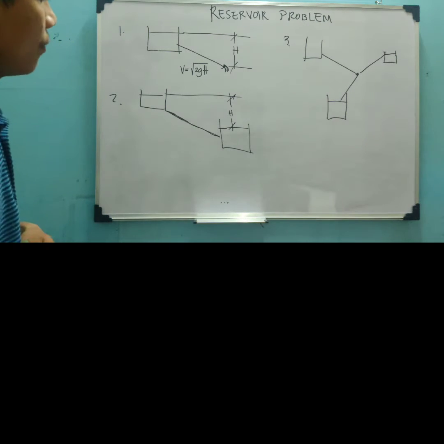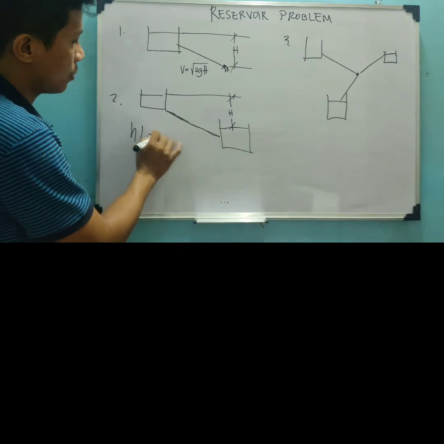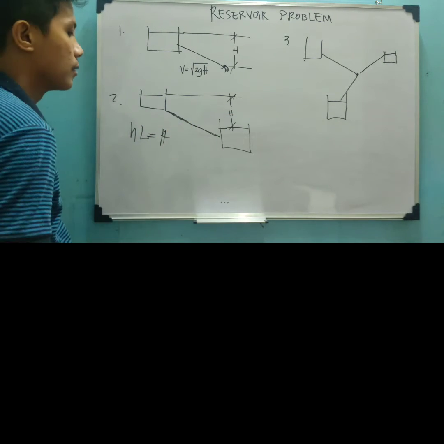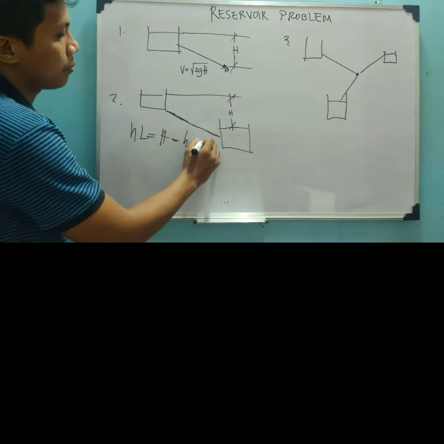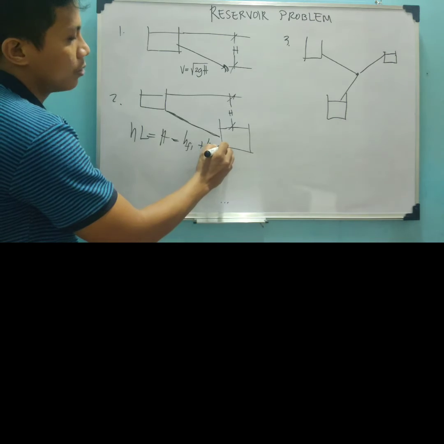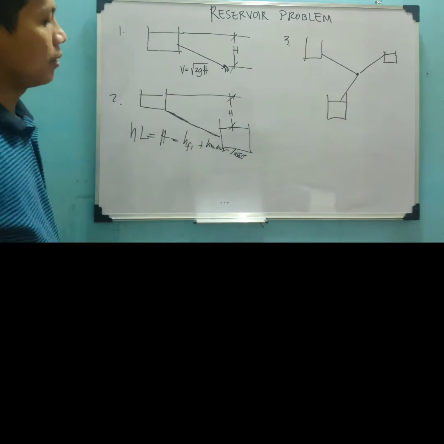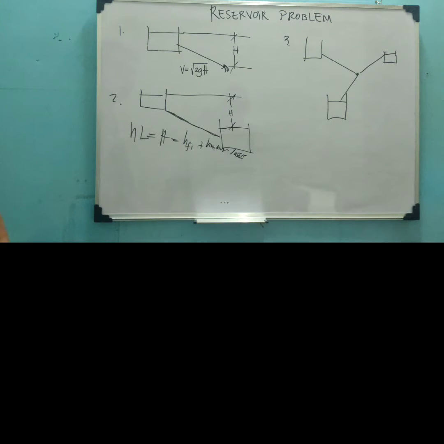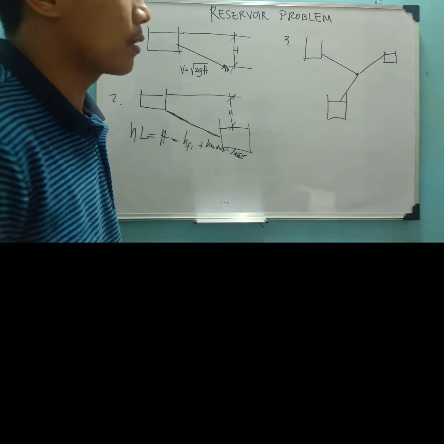Here, the total head loss is H, which accounts for the minor losses and the friction losses. For a three reservoir problem, it's very different.